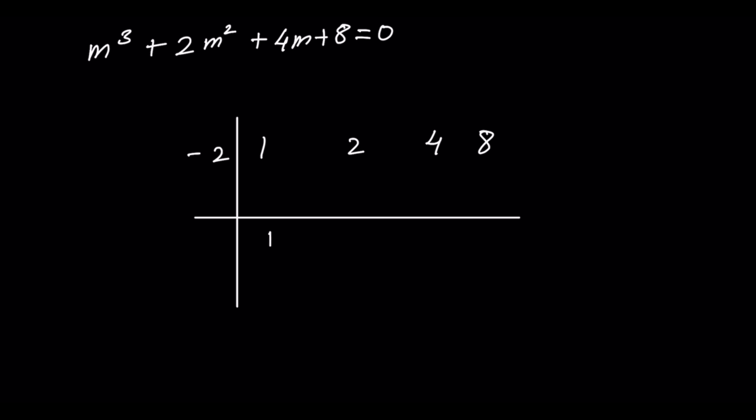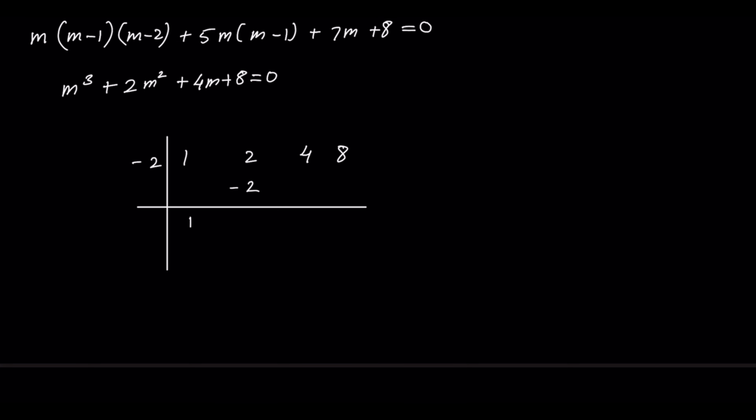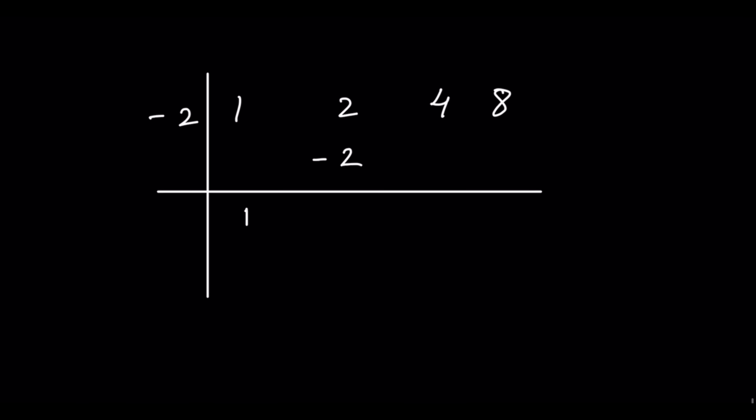1 as it is. 1 times -2 is going to be -2. Adding these. Now repeating the same process.